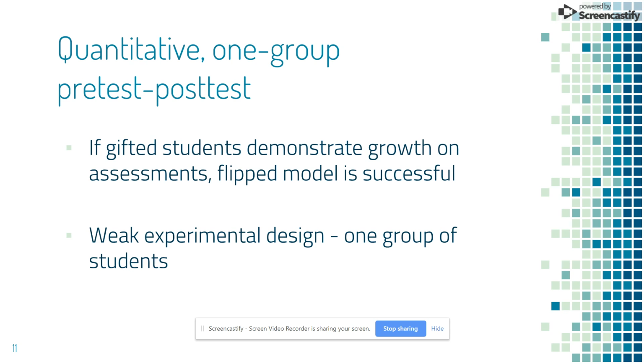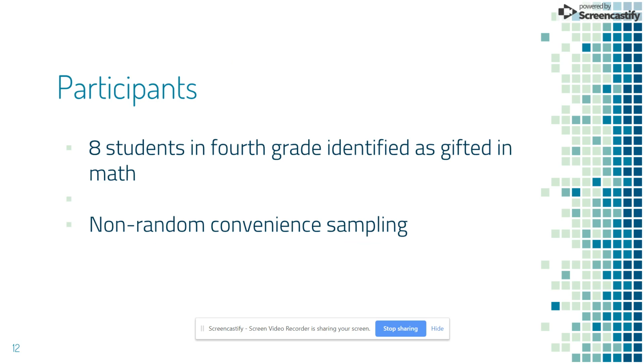So since I'm using this study to inform my own teaching practices, it's okay that this is only looking at one group. So the participants in my study were non-random convenience sampling. Like I said, I have the only 8 gifted math students in my 4th grade classroom.